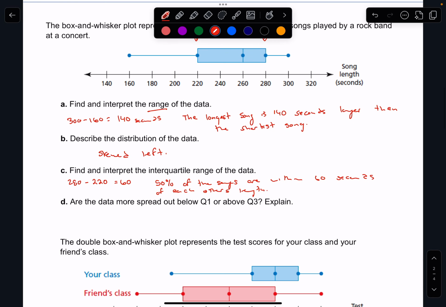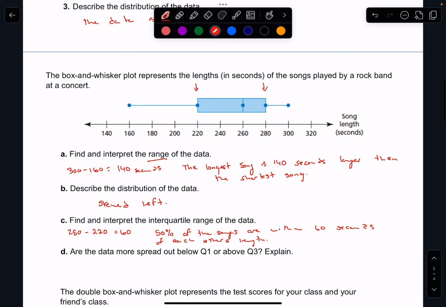Is the data more spread out below quartile 1 or above quartile 3? Well, we already described the distribution of the data, right? It's skewed left. So it's spread out more below quartile 1 because quartile 1 goes from, what, 160 to 220.